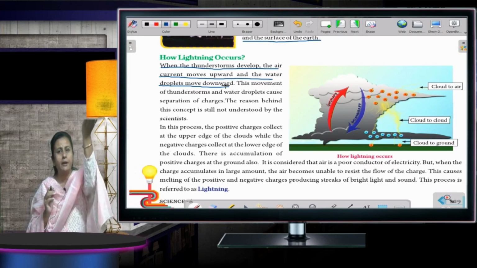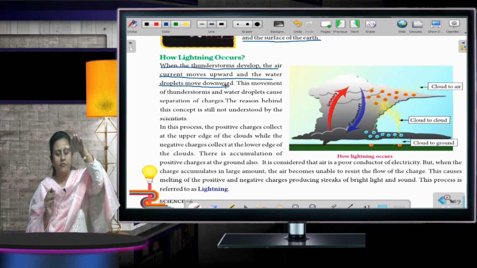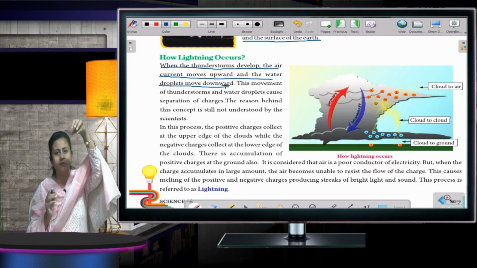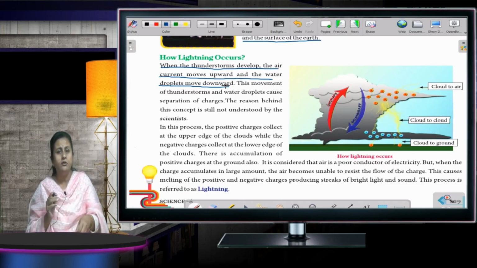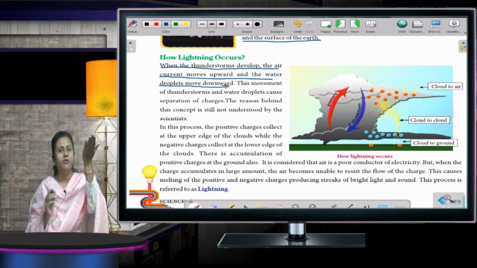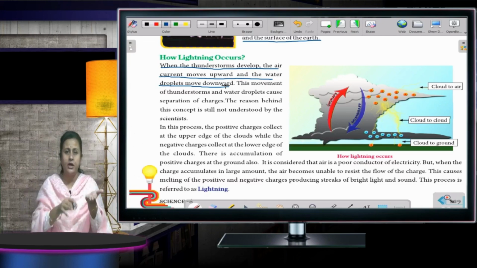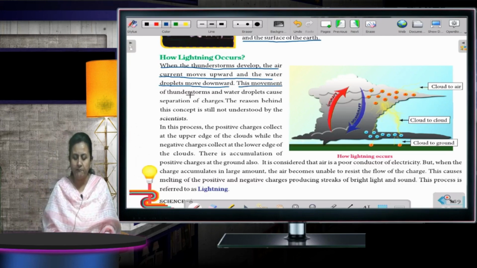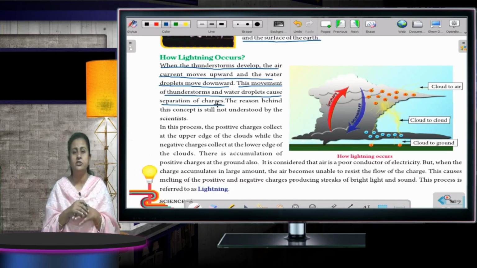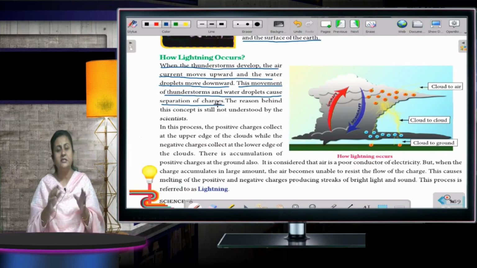It rains down. The current is moving up and the water is falling down. This movement of air current and water droplets causes separation of charges. The charges get separated.